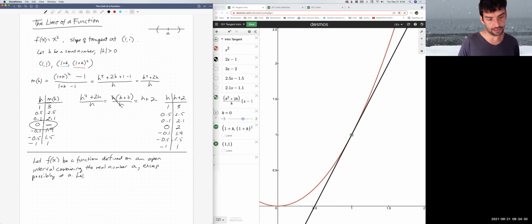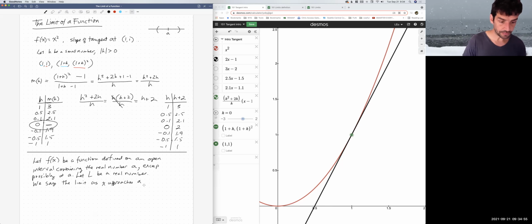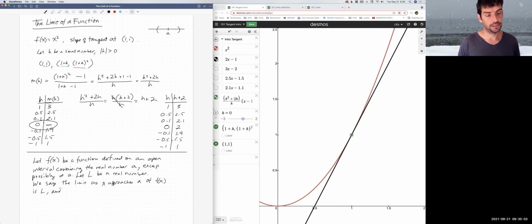And we're gonna let L be a real number. This can have any value. We say the limit as x approaches a or goes to a of f of x is L. And we write, so here's our symbol for this notion of the limit.